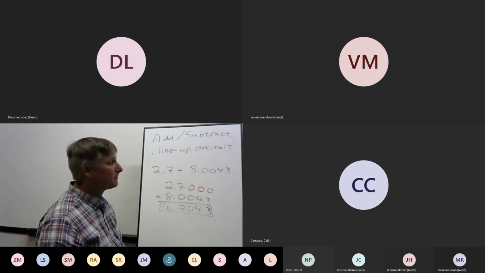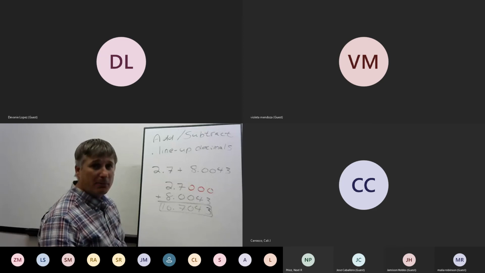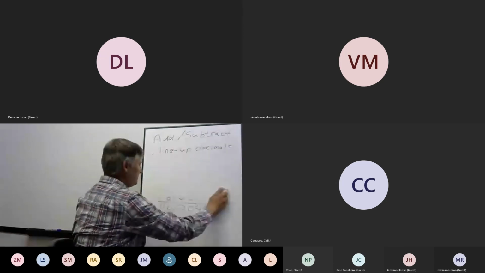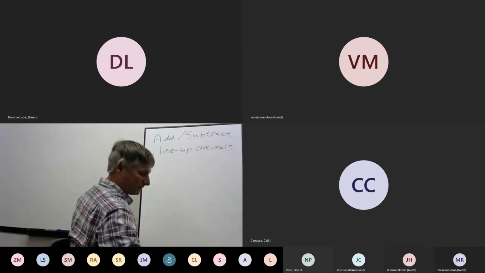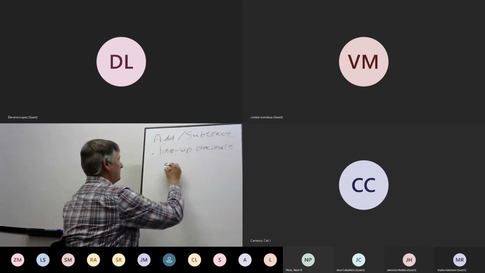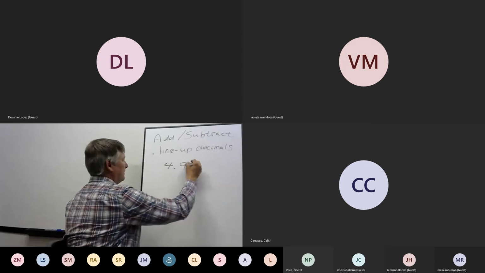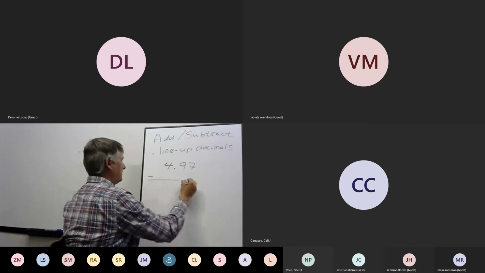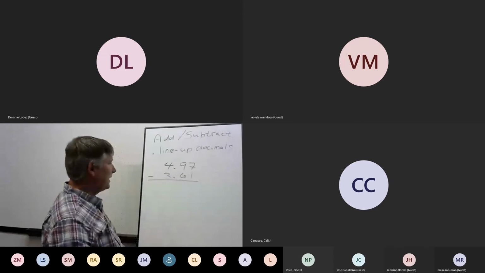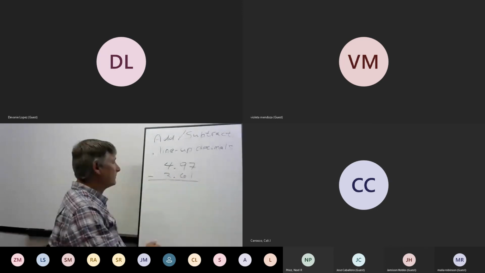What about subtraction? Same thing. We're going to line up the decimals, and then we're going to subtract column by column.